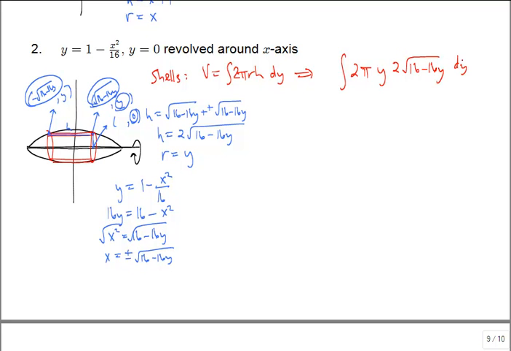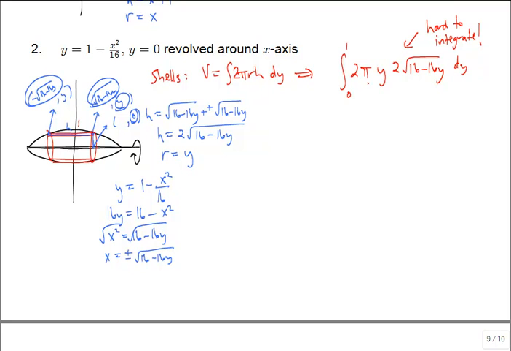And then my bounds for y, from 0 up until where this hits, and that's going to be when x is 0, and when x is 0, this is at a height of 1. So from 0 to 1. So in my opinion, this is a lot of work, solving for x and getting this messy height function, and it gives you a tough, difficult integral to solve. So this is hard to integrate because of that square root in there. Plus it was hard to solve for in the first place.